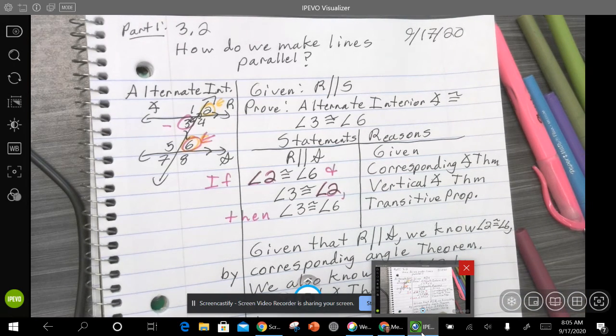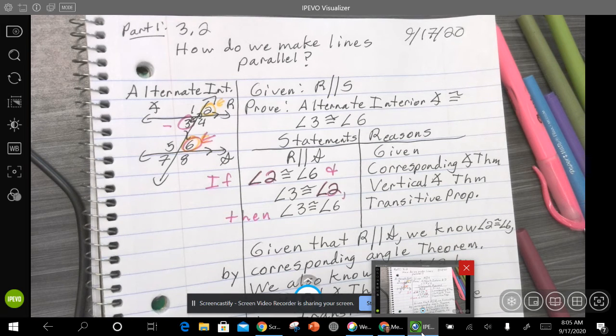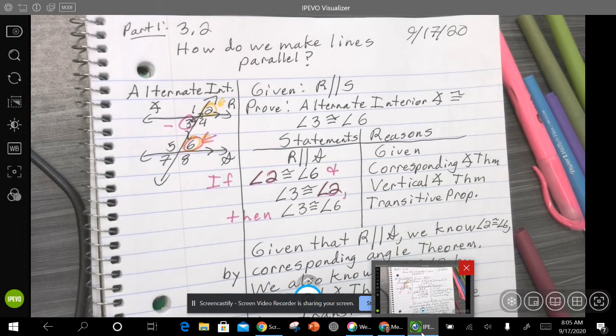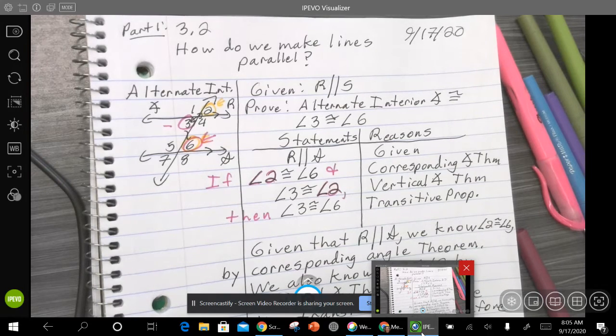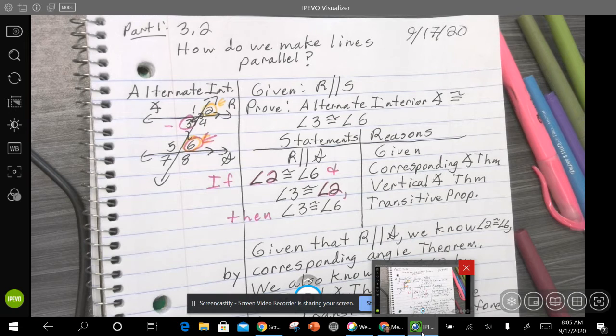Using the transitive property, capital T, using the transitive property, we see that angle 3 is congruent to angle 6. Therefore, the alternate interior angles are congruent.